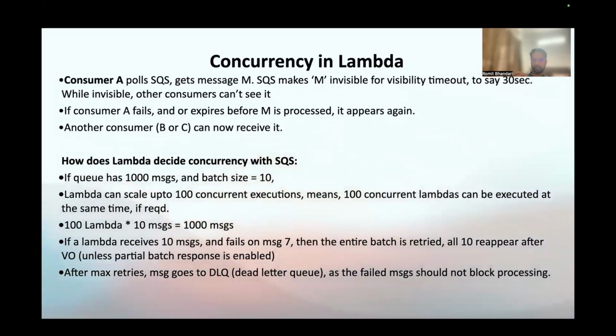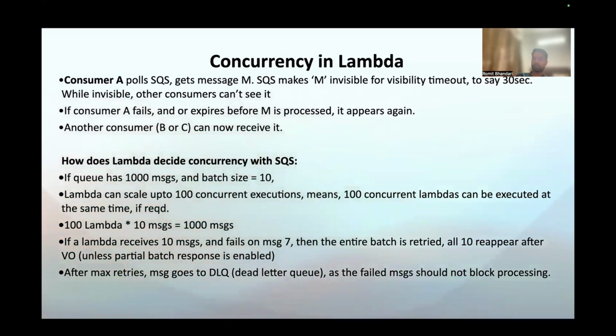Okay, that's the idea. Now even after maximum retries, if the message is not getting processed, the message will go to dead letter queue, and it will not reappear in the queue, because the failed messages shouldn't block processing.